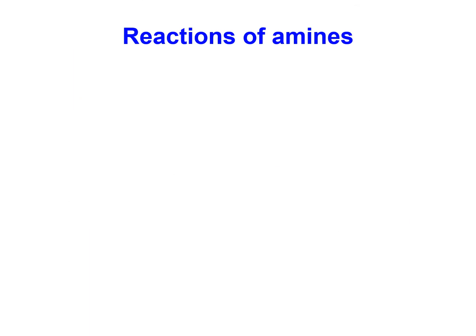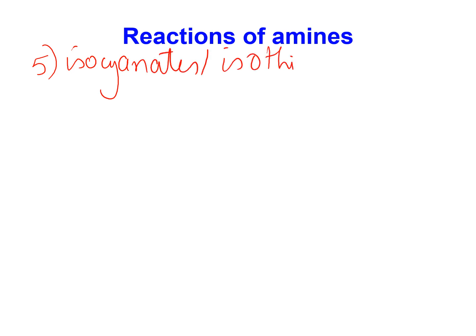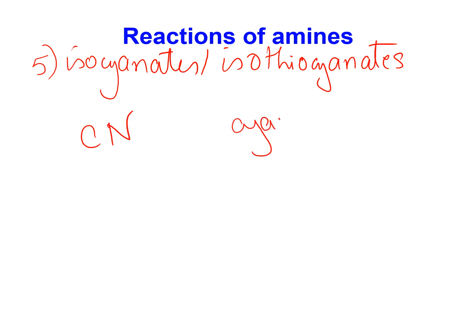The fifth reaction is the reaction with the isocyanates and the isothiocyanates. What are these? Let's first see where the name is coming from. This is a cyano group, so we say that this is cyanide.